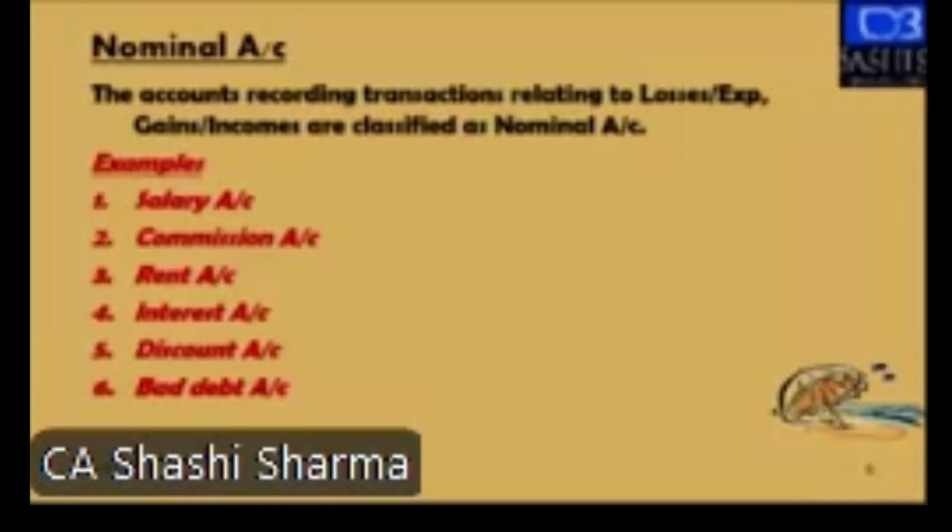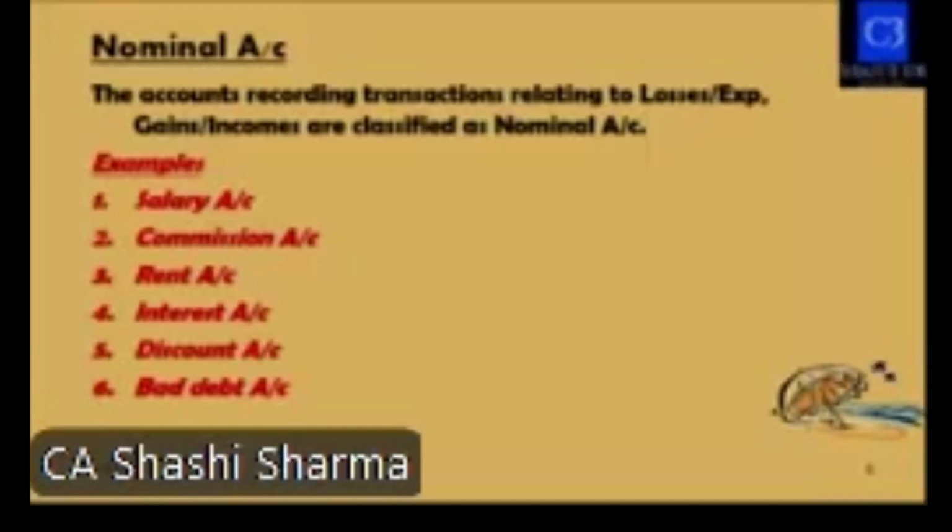Not the name of any person. Again, these are not things. You can't lift rent and put it on the table. You can't touch discount. These are neither the name of the person nor any kind of thing. So these are nominal accounts.